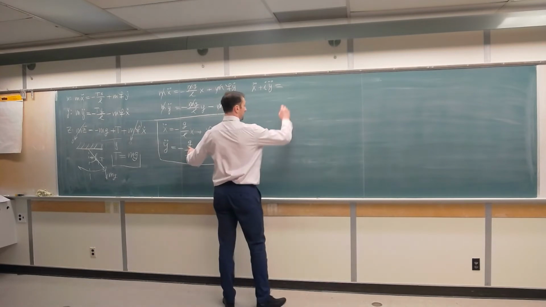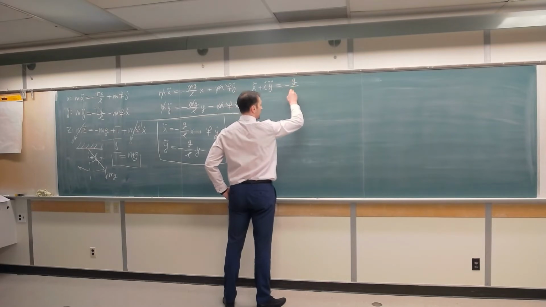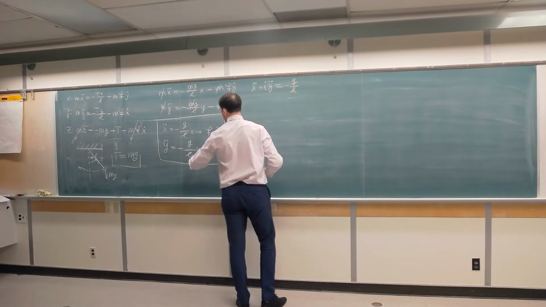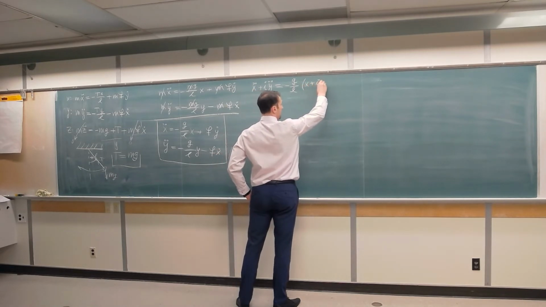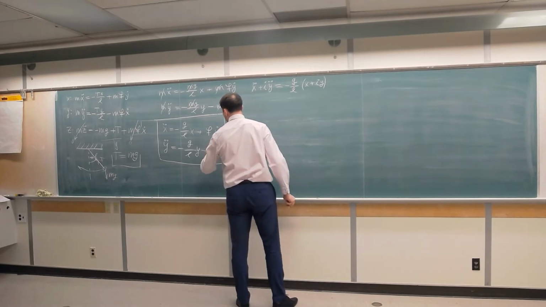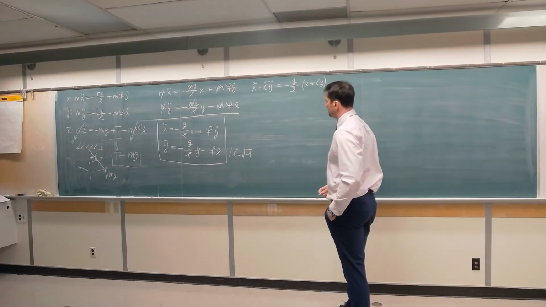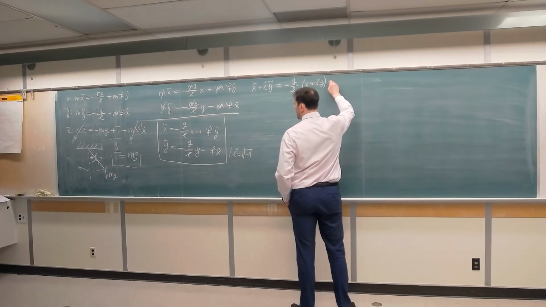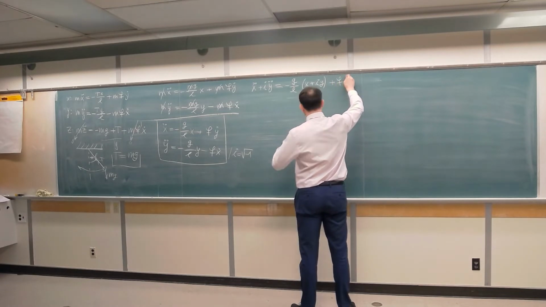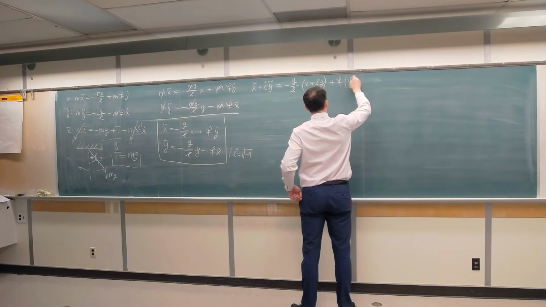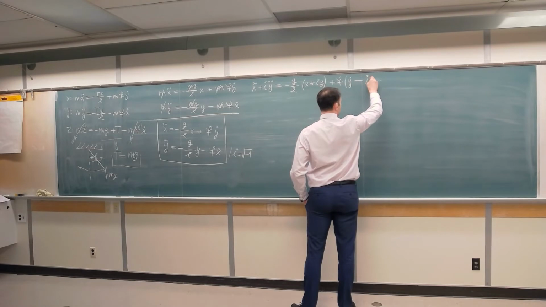Is equal to negative g over L. I factor out g over L, and I will get here x plus i y, and for these terms I will say, let me think now, plus f, and then I will get y dot minus i x dot.